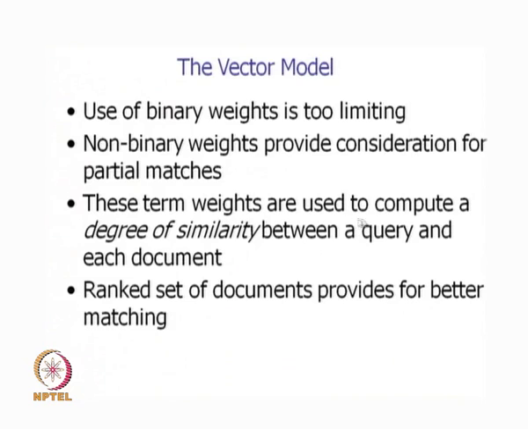These term weights are used to compute a degree of similarity between a query and each document, and a ranked set of documents provides for better matching. So, there is a notion of ranking when we retrieve documents. Not all documents satisfy the information need of the user equally, and therefore it is important to know the degree of relevance of the documents.